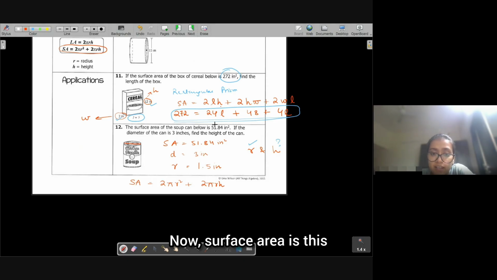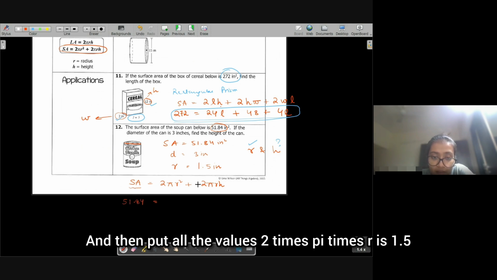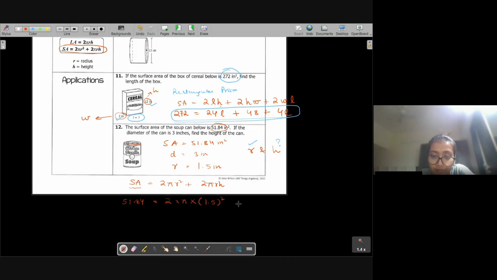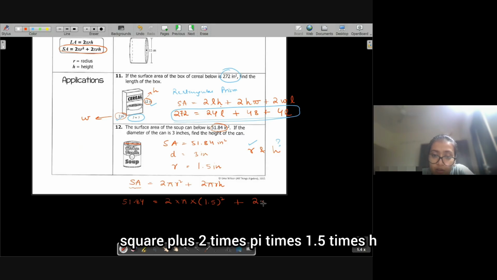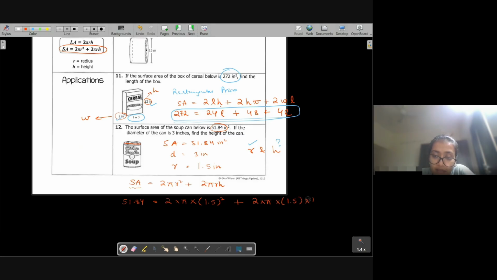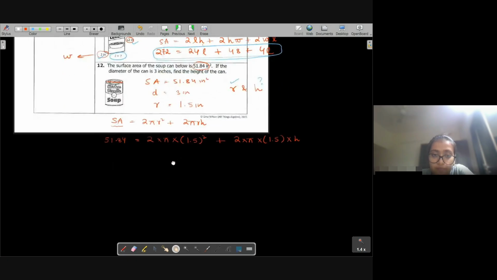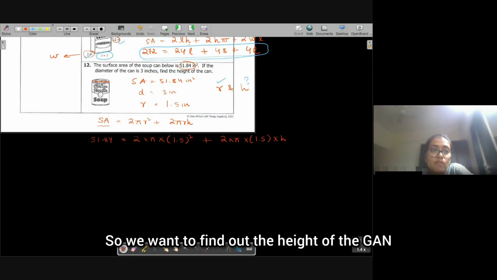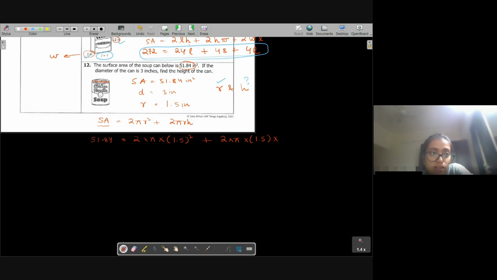Now, surface area is this, so instead of surface area, you can write 51.84 and then put in all the values: 2 times pi times 1.5 square plus 2 times pi times 1.5 times h. We want to find the height of the can. This is the variable that we want to find.